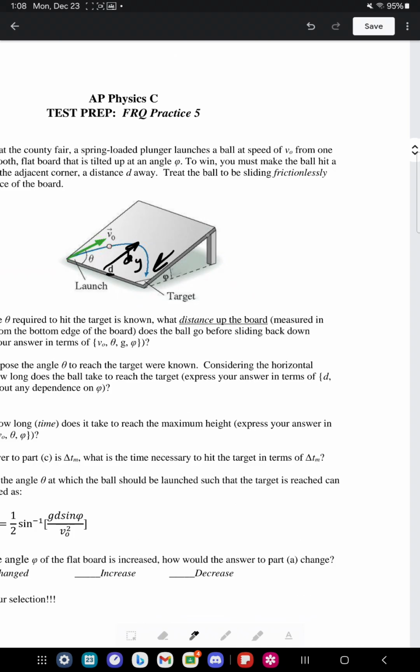I'm going to label this as gx and this as gy.